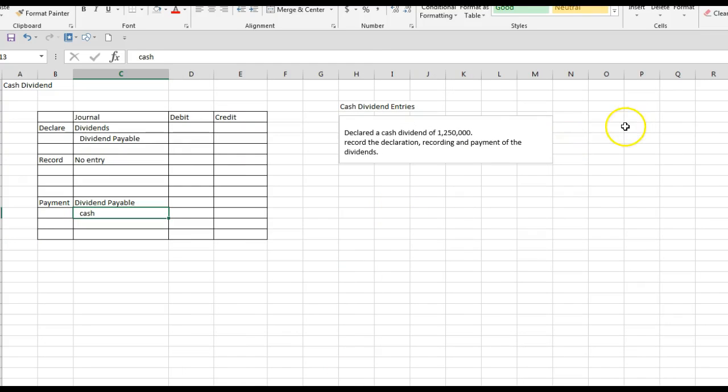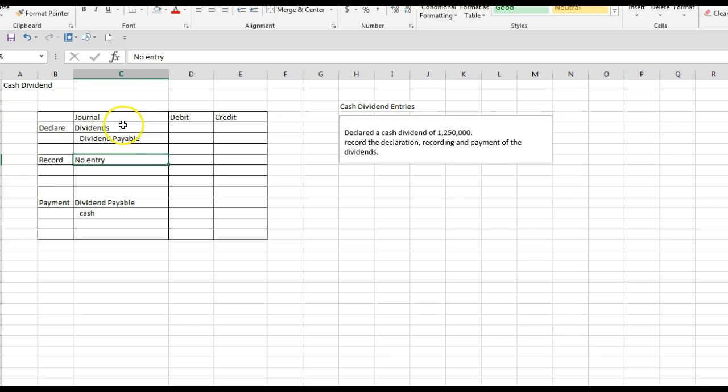They're real easy. So we're going to declare it. We have our date of record, and then we're going to pay it. The date of record, to record when the dividends are declared and who will receive them, there's really no entry for it.